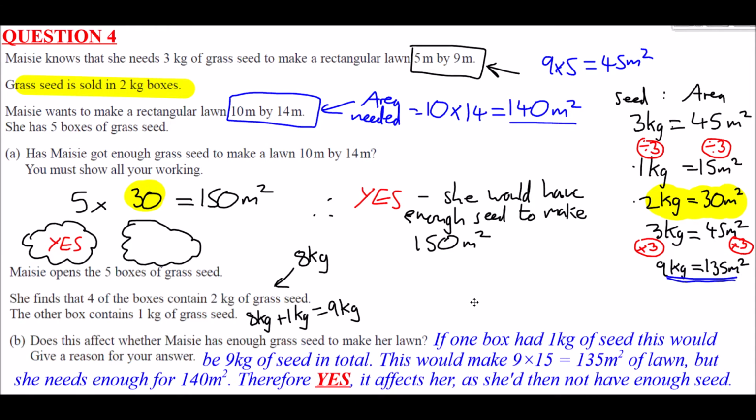If one box had 1 kilogram of seed, this would be 9 kilograms of seed in total. This would make 9 times 15, which would be 135 square meters of lawn, but she needs enough for 140 square meters. Therefore, yes, it does affect her, as she'd then not have enough seed, whereas before we said yes, she does have enough seed.